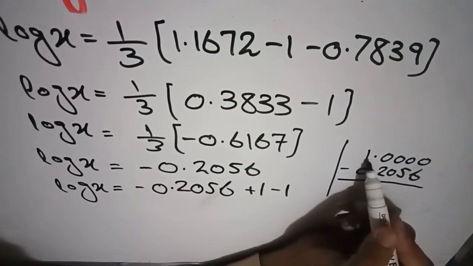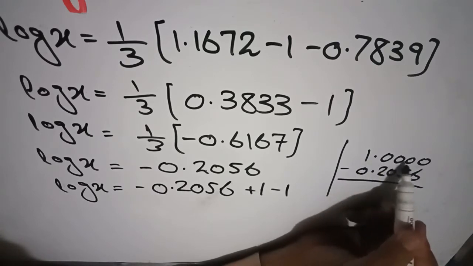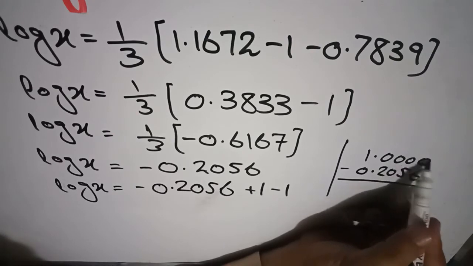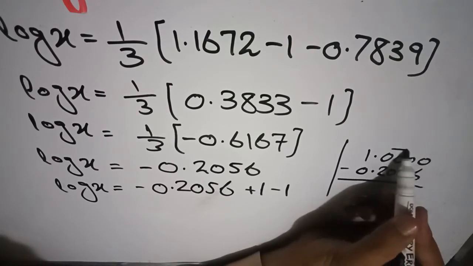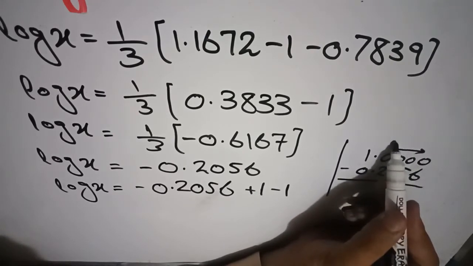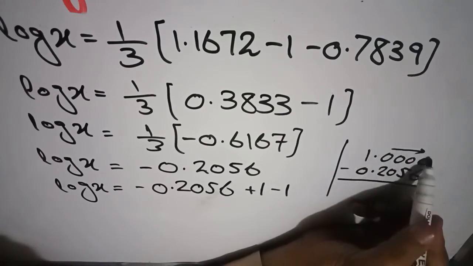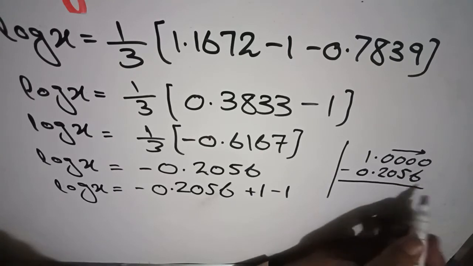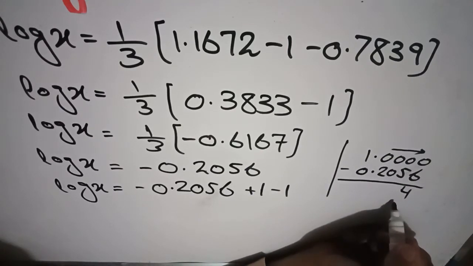Now take the common from 1 to all, so there will become 10, 10, 10, and also 10. 10 minus 6 will become 4.